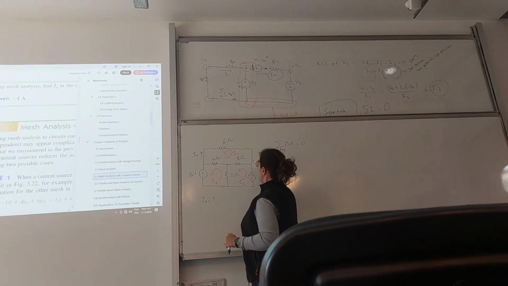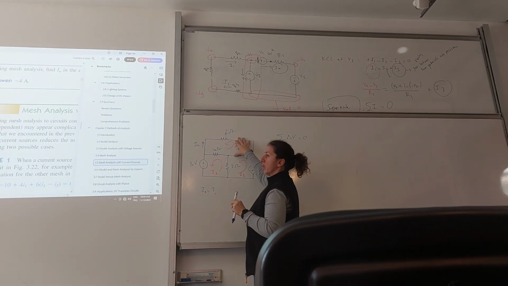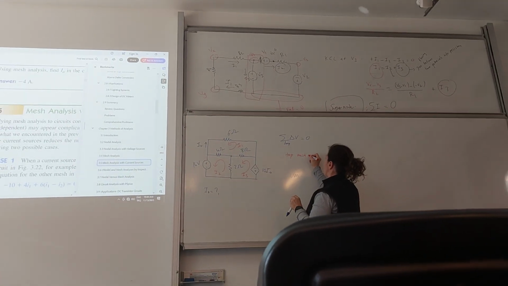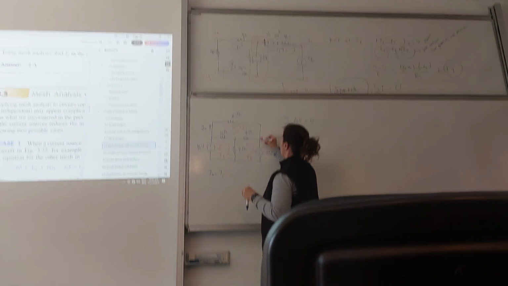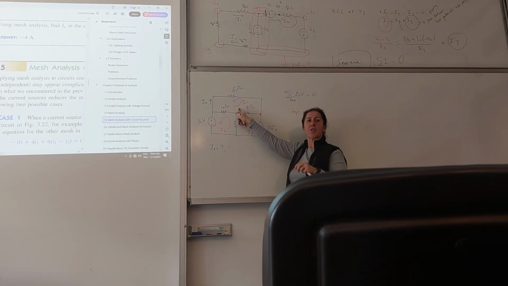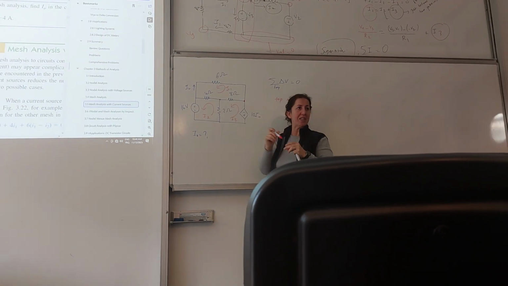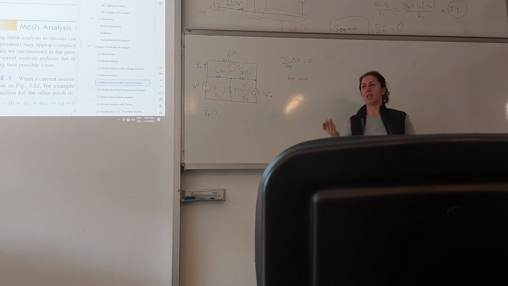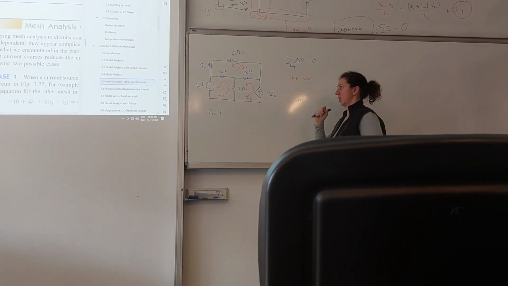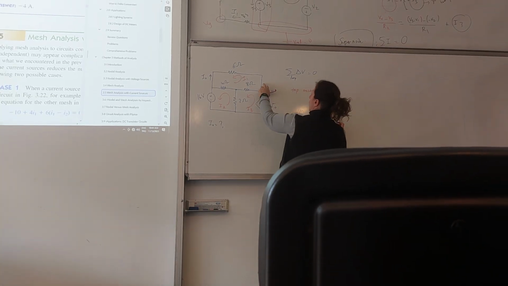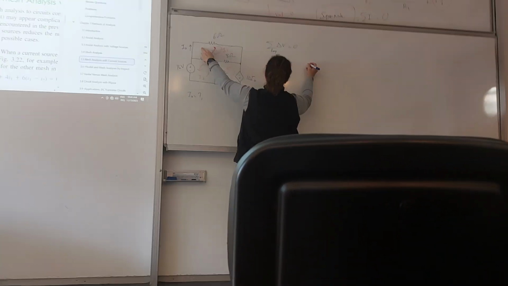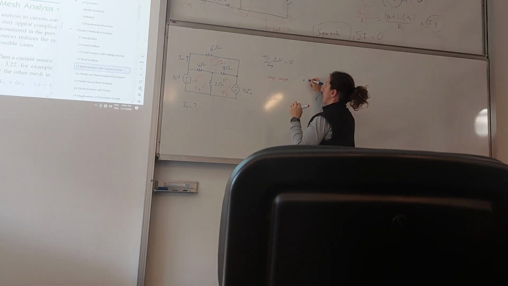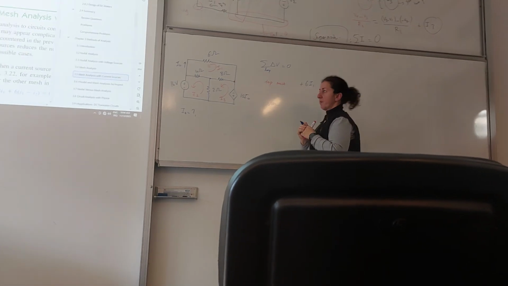So I am going to write KVL first for the top mesh. And I would like to start from here. Since that's the direction of the mesh current, I will also go in the same direction, because I would like to write positive potential when I move across the resistance. So, when I move across this, what will be the potential? Plus 6 I1, right?